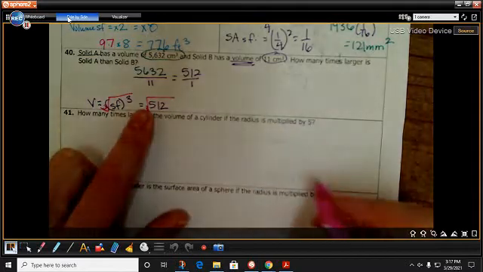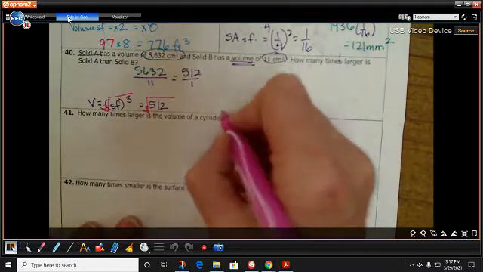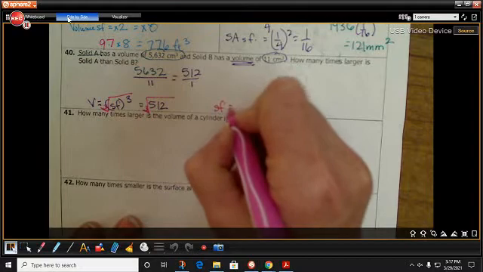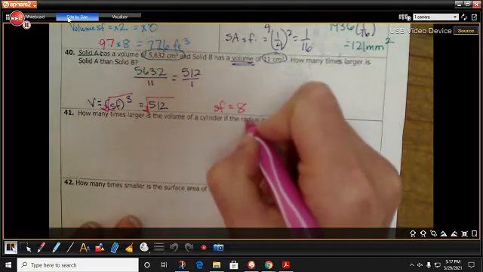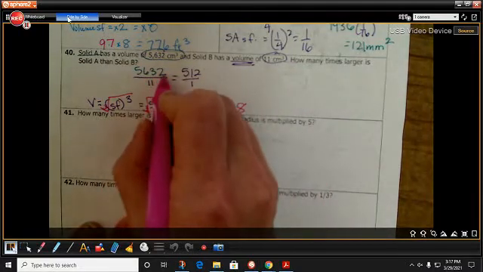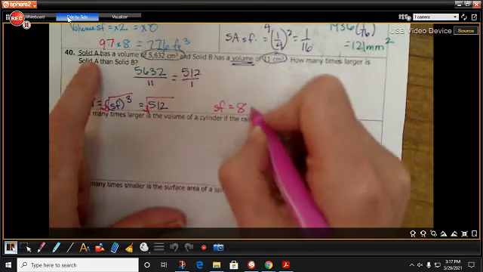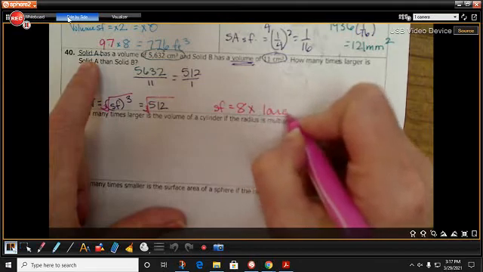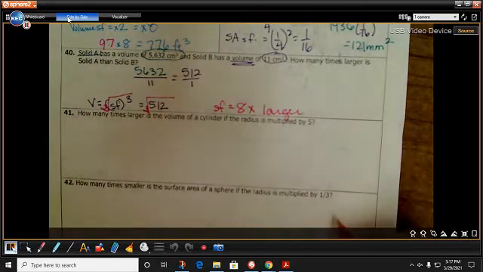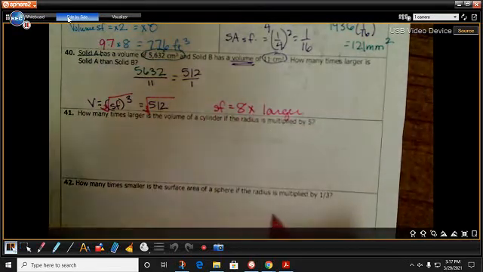And when I do the cube root of 512, my scale factor comes out to be 8. And so my big volume is going to tell me that my solid A is 8 times larger than solid B, because my scale factor was 8.